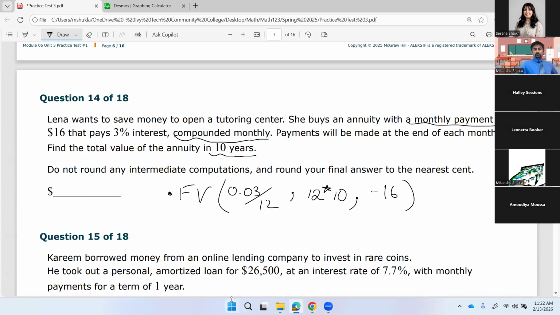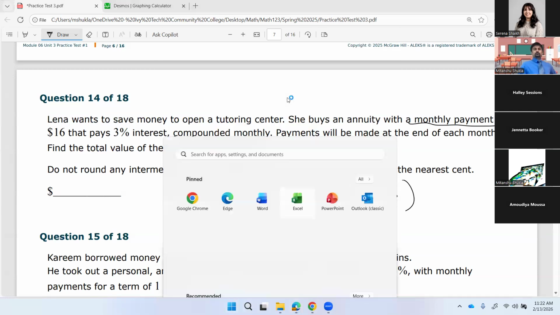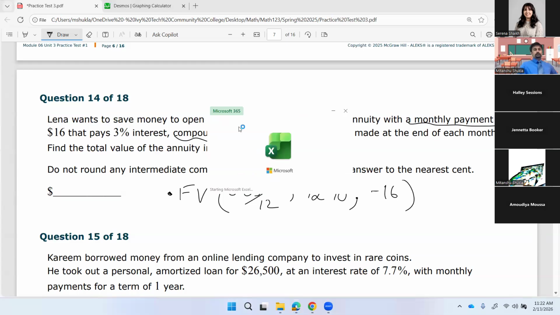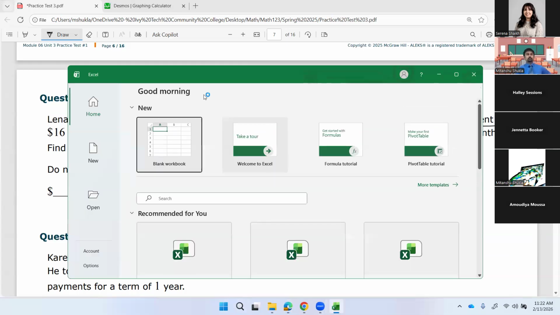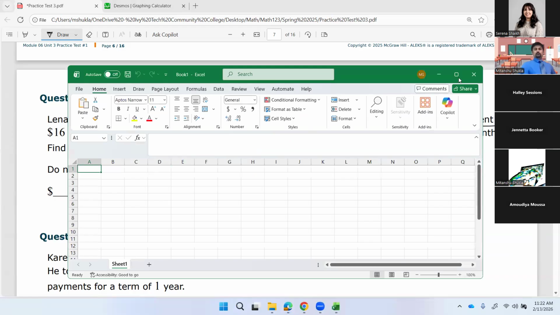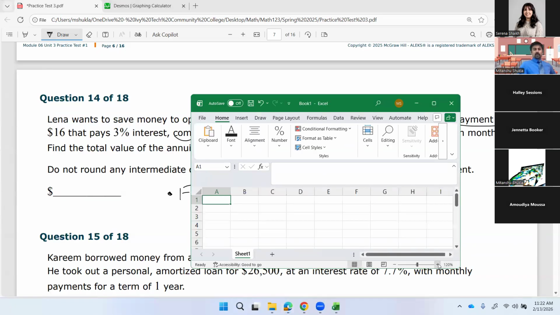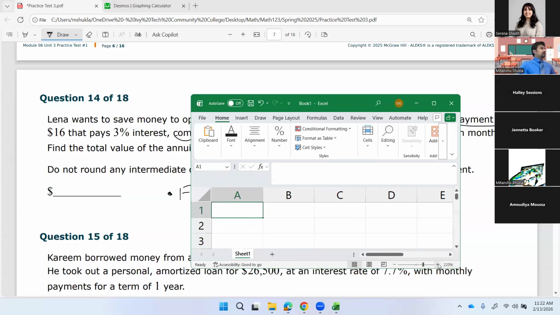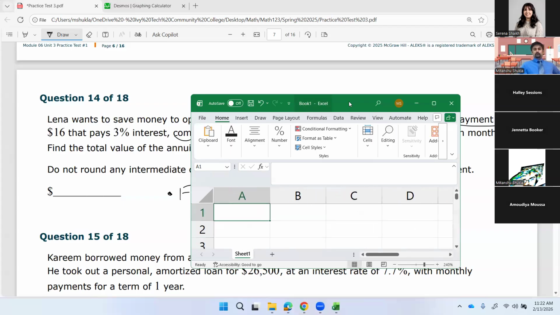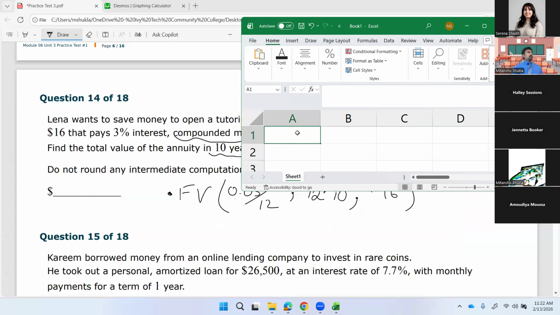So let's open up Excel. So here's Excel. Can everybody kind of see what I'm doing here? Good. Sorry, I'm trying to move this in a good spot. Okay. So equals FV for future value.